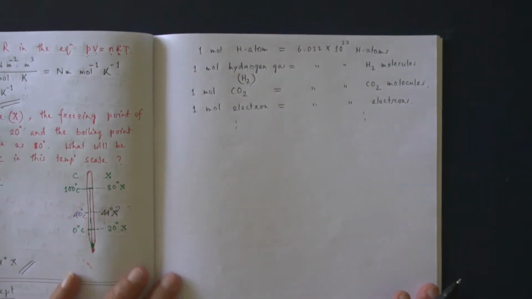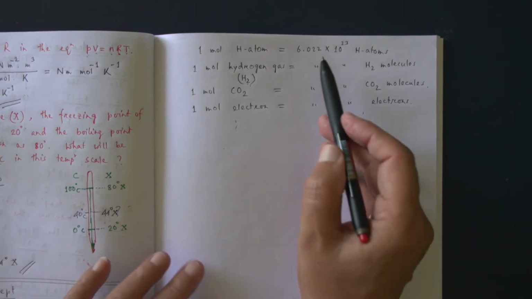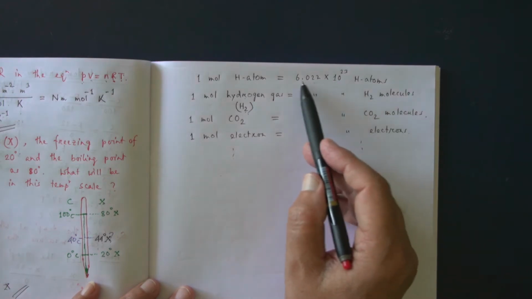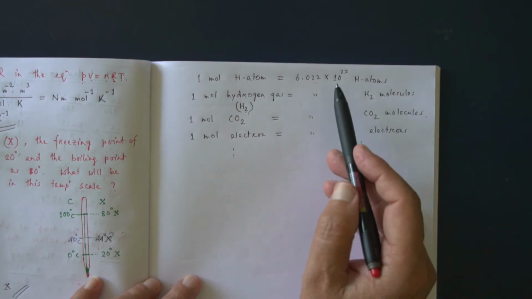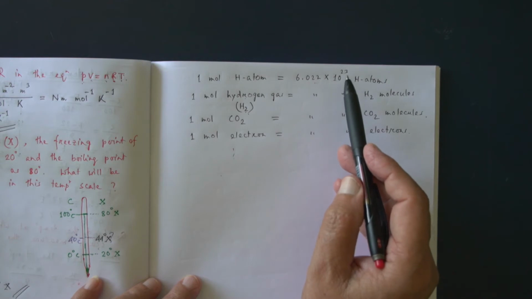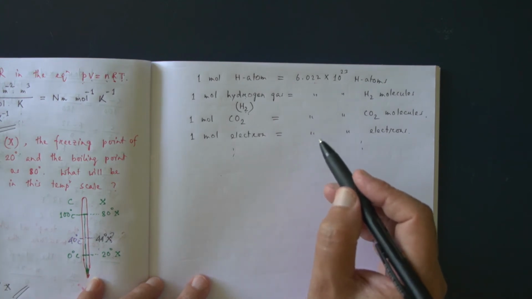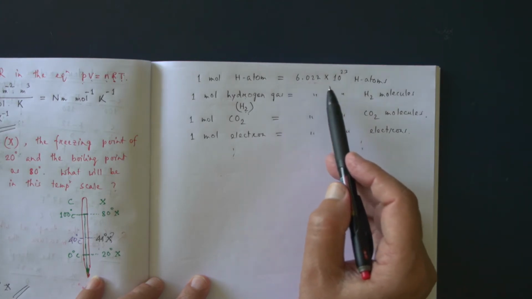But if you take a big spoon, the spoon we eat rice with, and take 1 spoonful of water, there will be this much number of water molecules. Only 1 spoonful of water. You take only 56 gram iron, there will be this much number of iron atoms.